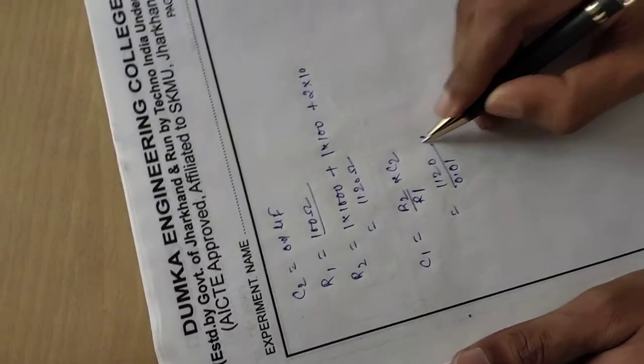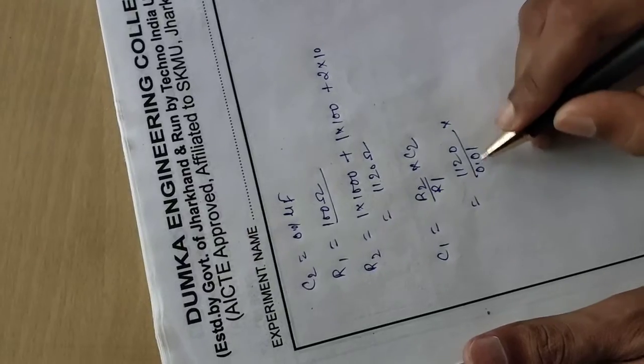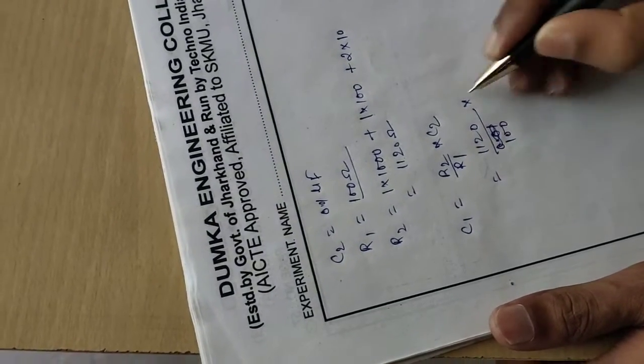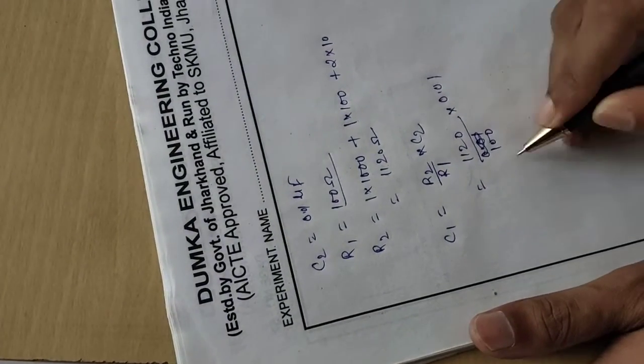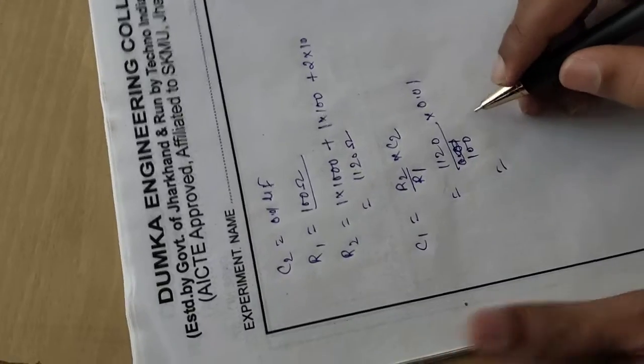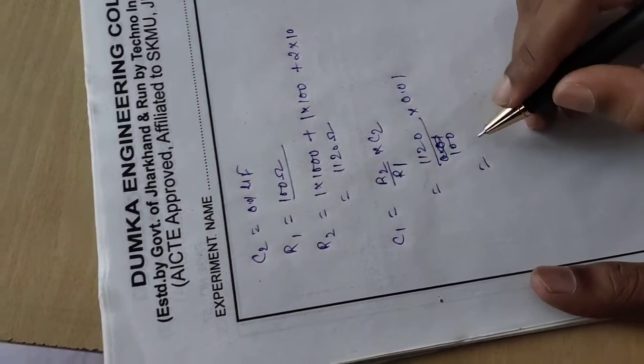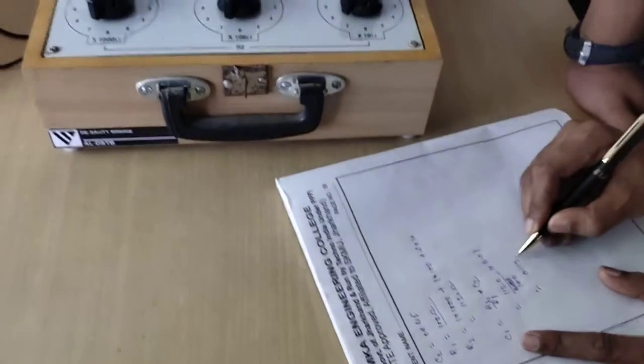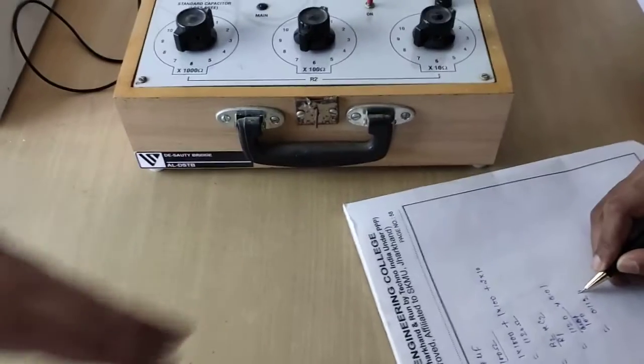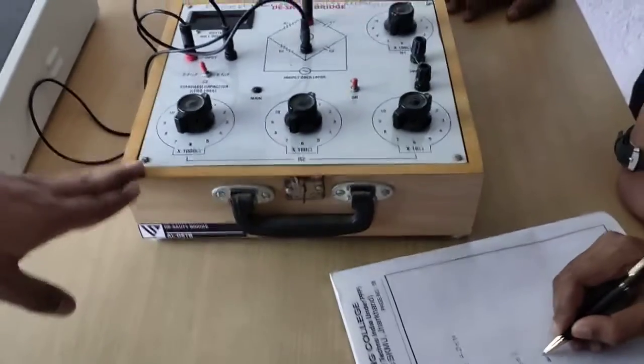So it is 1120 divided by 100 into 0.01, that is 0.112 microfarad.